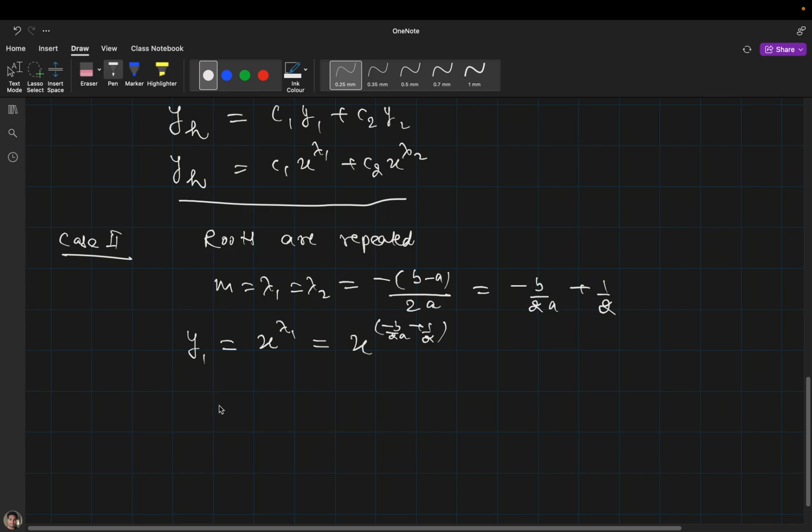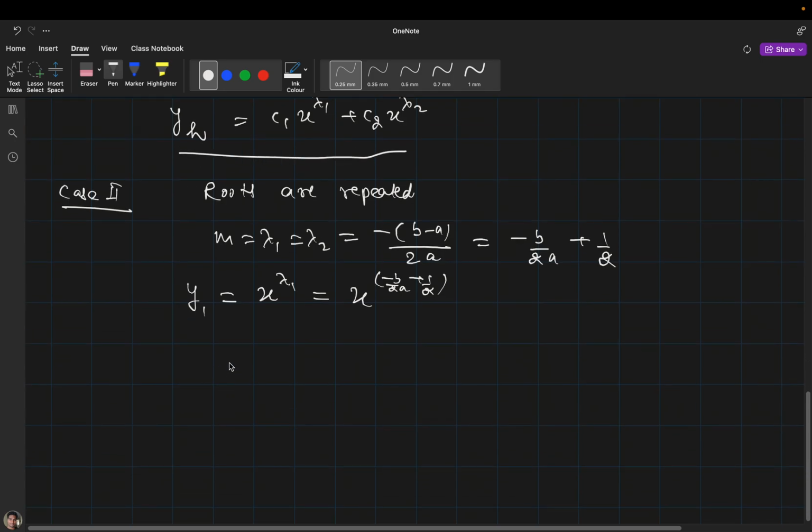So where will I get the other solution? You guys tell me. What is y2? One solution is this and the other we don't know, because the roots are repeated. How will we solve that?